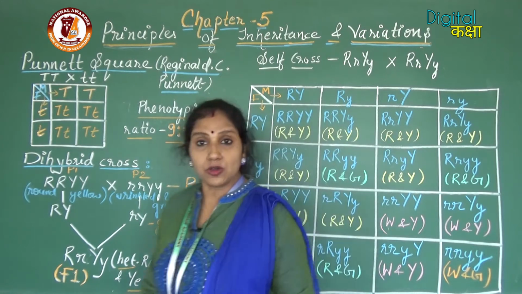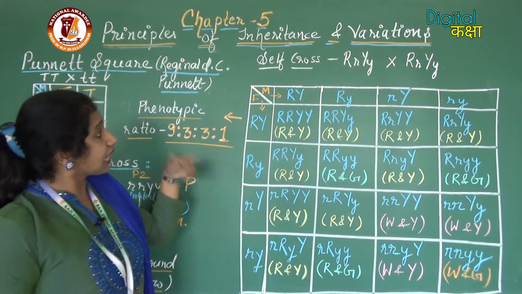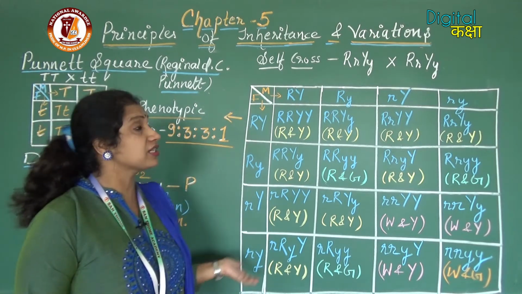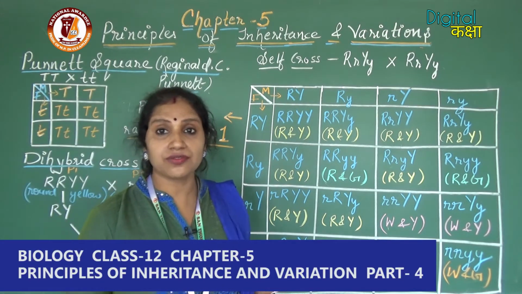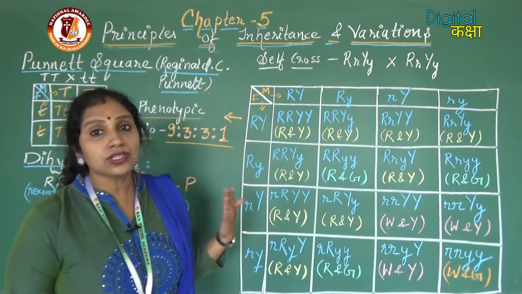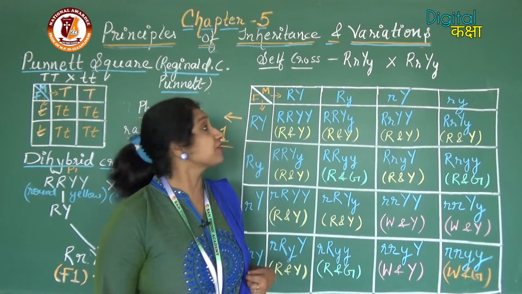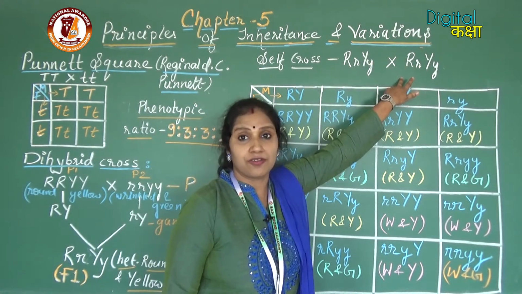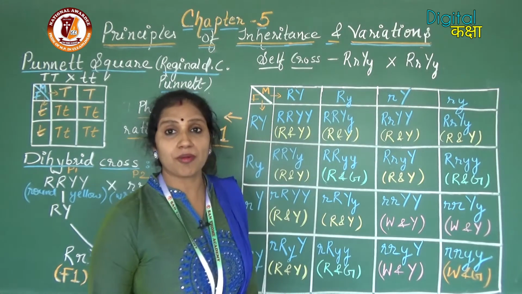Now we will move to the self cross. We have got the F1 generation, and in the F1 generation we have got all round and yellow seeds. Now we go for the self cross of the F1 generation, so F1 is crossed with F1. Here again we will form the gametes.